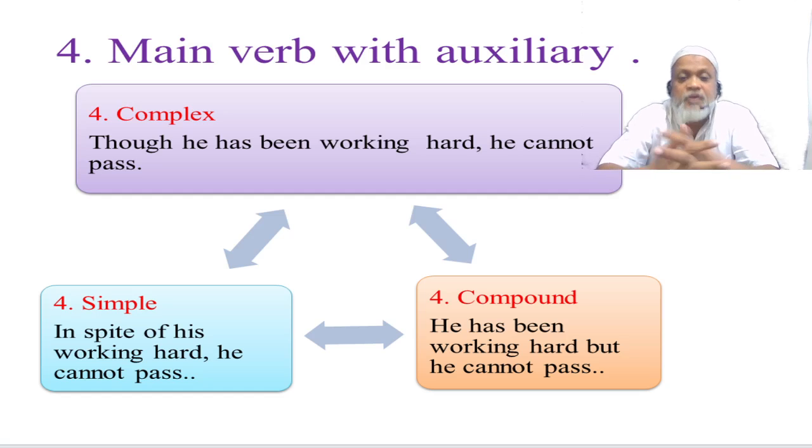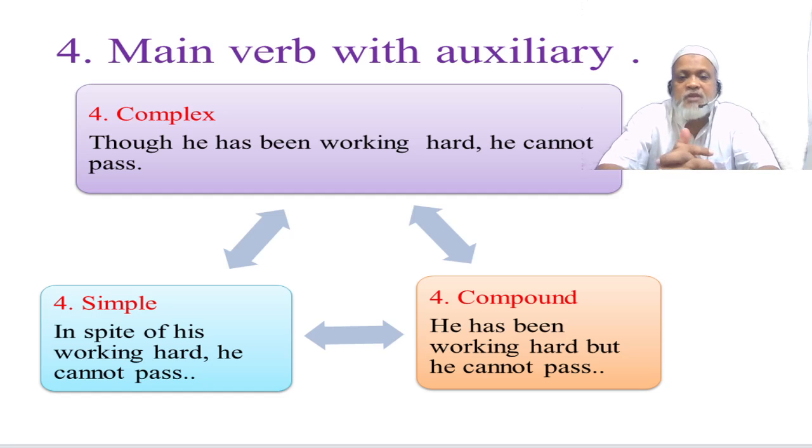But you have to remember here that if you find a main verb in a perfect mode, past perfect or present perfect, you must use having just before the past participle form of the main verb in making it simple.